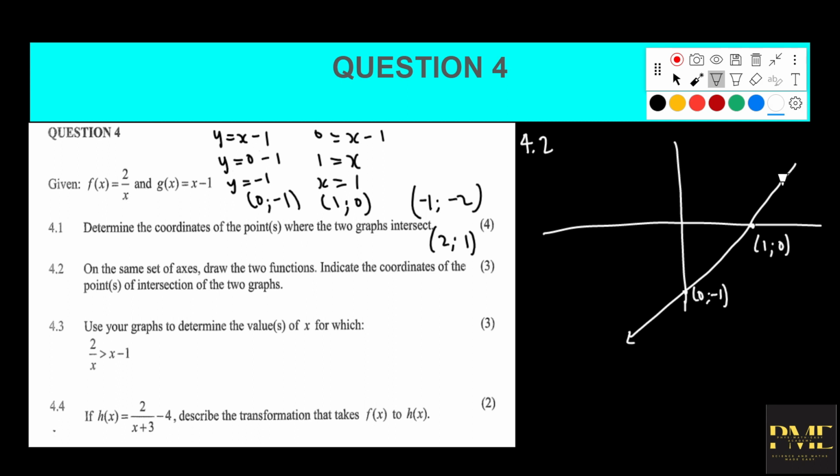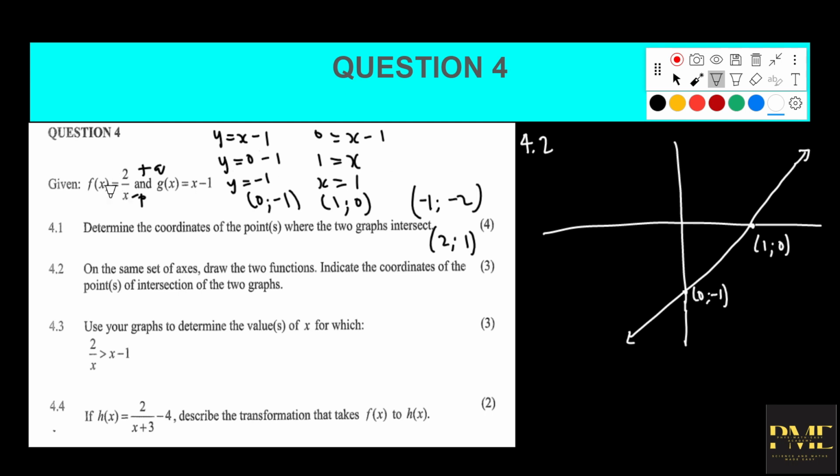Okay, all right, and then we are required to sketch our hyperbola. So what do we know about the hyperbola? We know that a hyperbola does not touch the y-axis or the x-axis if it has not been shifted, but once you shift it in such a way that, maybe, there is a minus p or a plus q at the side, then only will it touch the y and x axes.